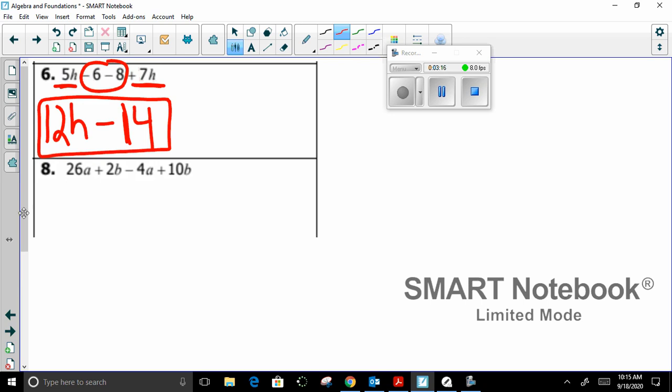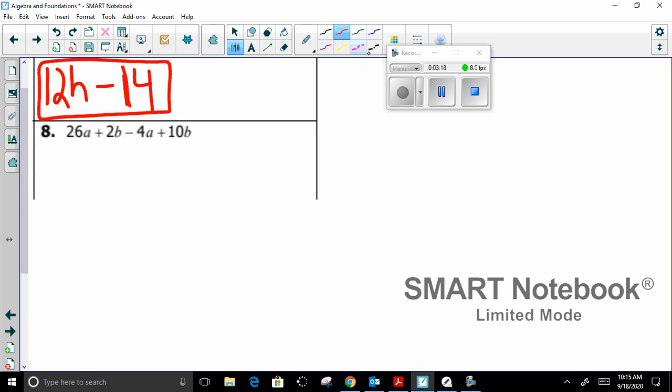Now number 8 gets a little bit trickier because it has A's and B's. Remember, they have to be identical to go together. A's go with A's, B's go with B's. So I have a 26A and a -4A. Keep the A, do what the numbers ahead of them say. 26 minus 4 is 22.